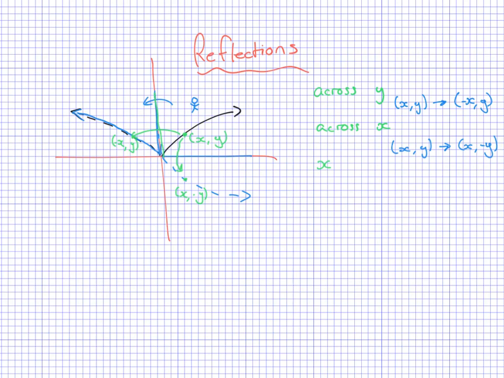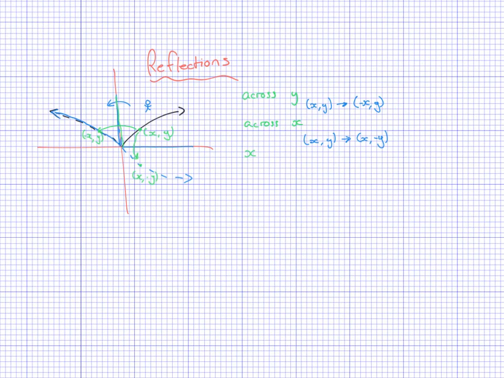So for across the y-axis, we can then go on to say that the image of x equals the opposite of x, and y equals its own image. And for across the x-axis, we can go on to say that x equals its own image, and that the image of y equals the opposite of the original. All right, so those two things are fairly straightforward.